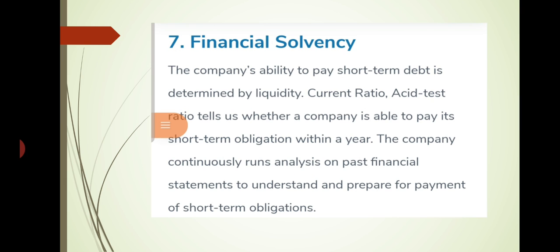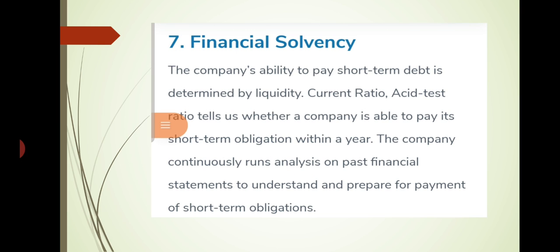For that, we calculate the current ratio, acid test ratio, and whether the company is able to meet its short-term obligations within a year. This is nothing but the financial solvency.